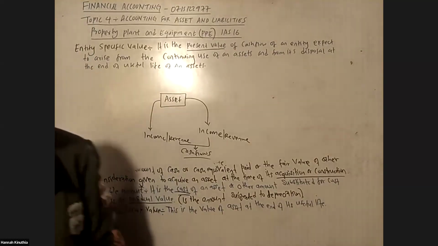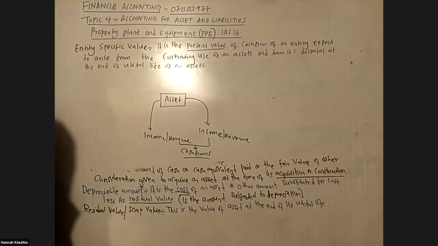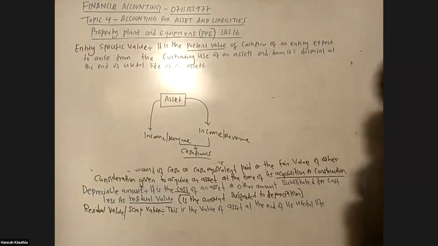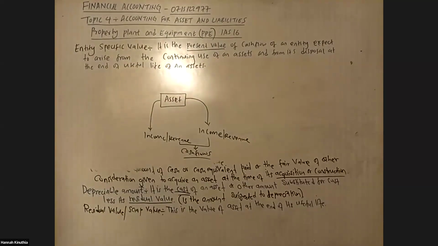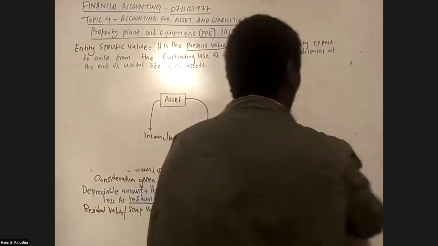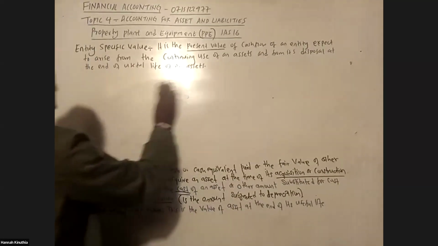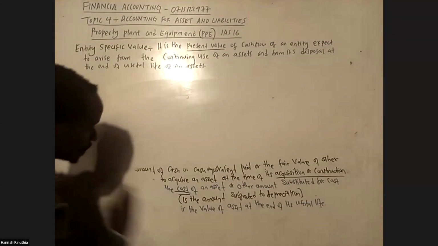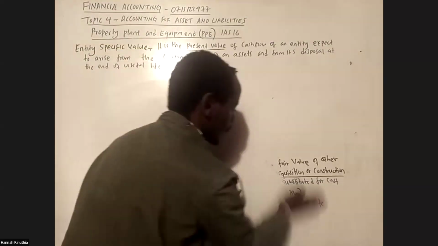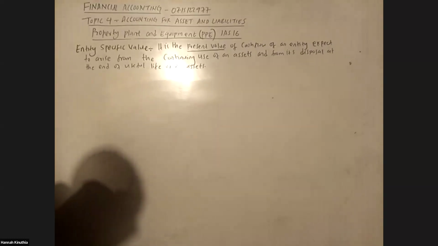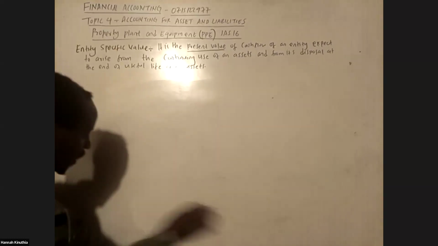The cash flow that the company generates from using an asset today is what we call the entity specific value.